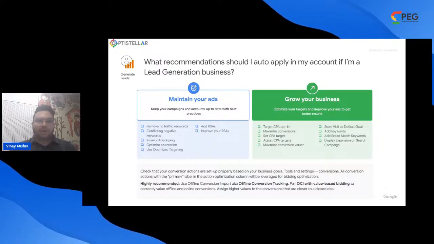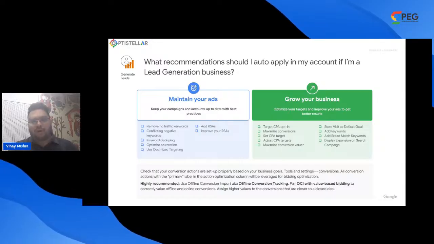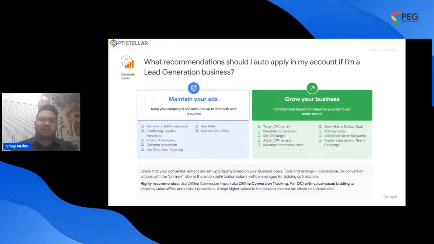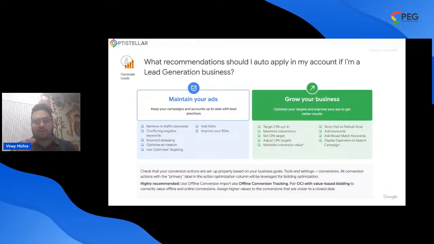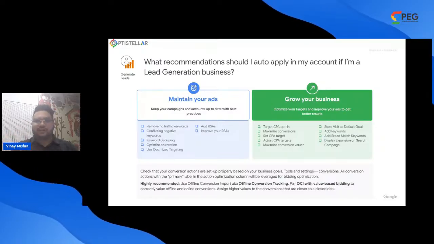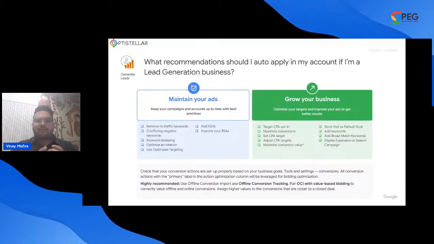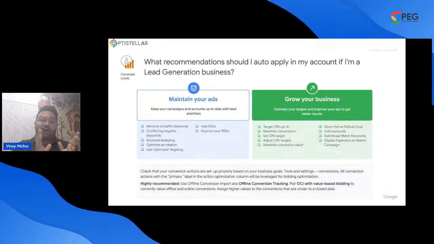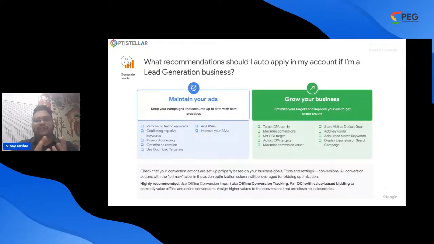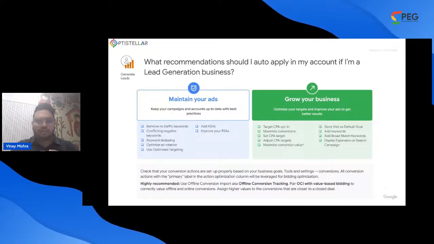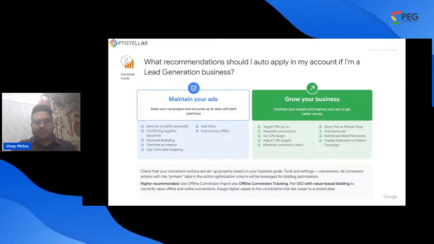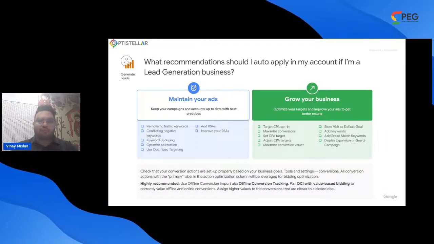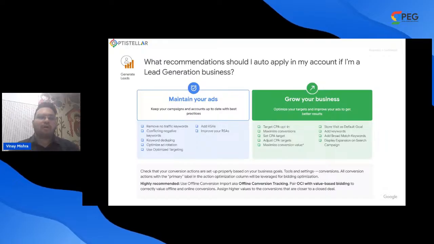It is important, as I've mentioned earlier, that when you're focused on lead generation, it is highly recommended that you use offline conversion tracking and offline conversion reporting to assess the right value for your conversions here. You can assign higher values to the conversions which you feel are closer to a closed deal.